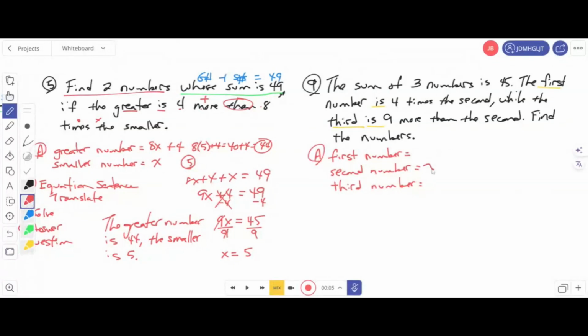So the second's got to be X. We don't know what it is. The first is 4 times the second. So that's 4x. The third is 9 more than, reverse word, the second.